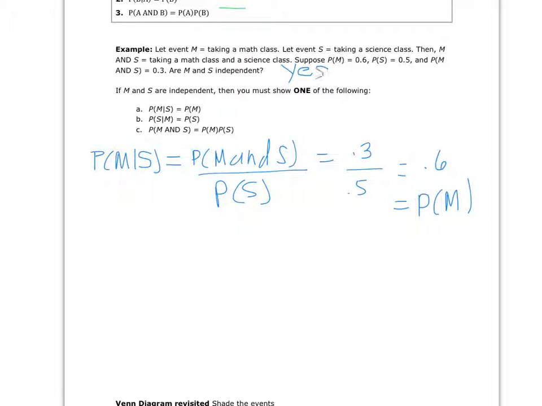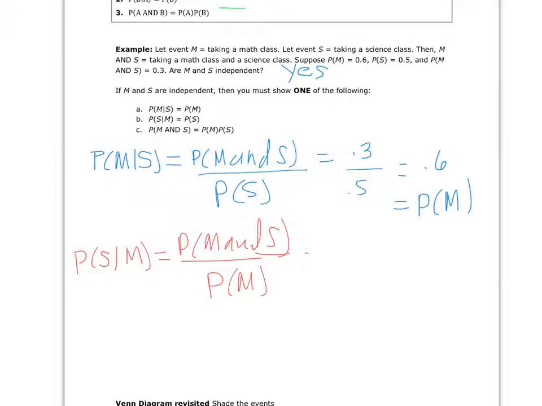Now we're going to go through the 2 other things just to show that they all come to the same conclusion. So let's look at the probability of S given M. Again, M and S goes in the numerator, over the probability of M this time.